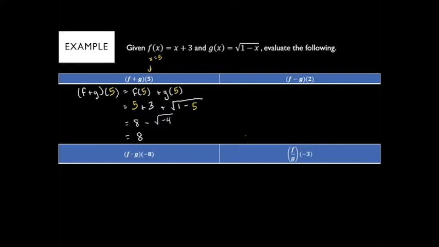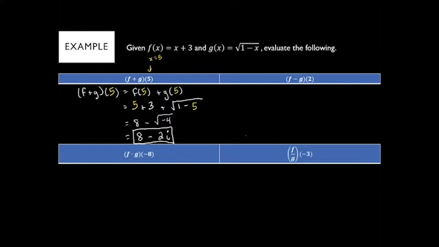So we're going to get 8 plus 2i. And that's what it means to evaluate this particular function: first you write down what it means, and then because they have x being replaced with 5, everywhere you see x, you replace that with 5. And then you follow your order of operations.